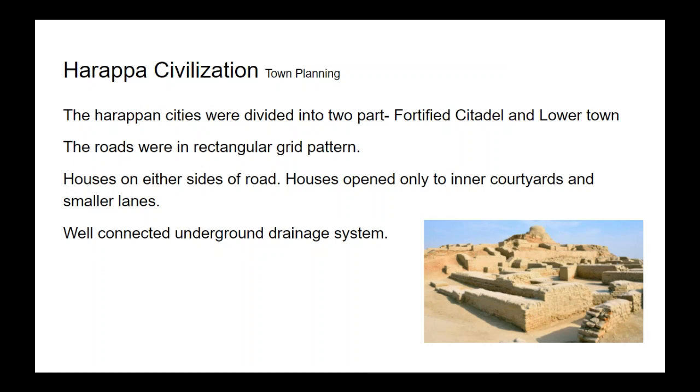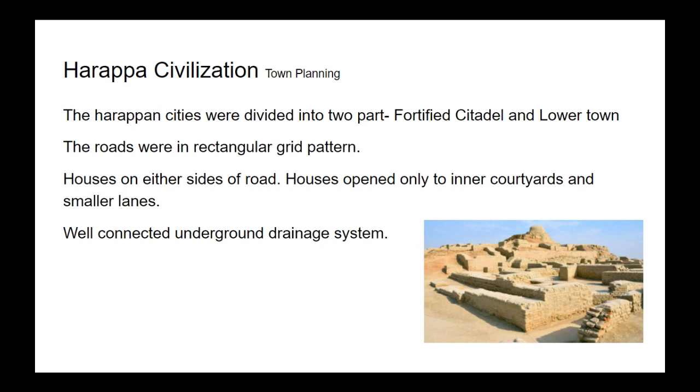Now the town planning of Harappan Valley civilization. The Harappan cities were divided into two different parts. First one is the fortified citadel, which was for the ruling class, and the other one is the lower town where other people used to live. The roads and the houses were in a rectangular grid pattern.